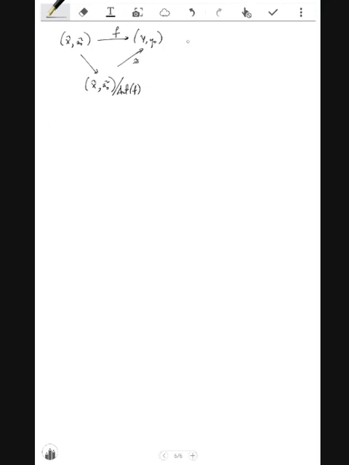Now here we have a map p to (X, x naught), and one easily checks, using the property of the quotient topology, that there is a map p prime.